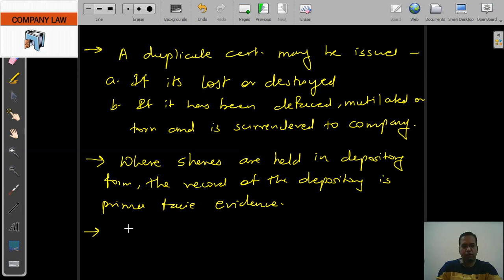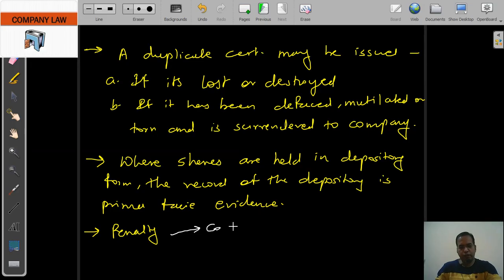Then you can say penalty part, so there can be penalty. So basically, if the company makes any kind of fraud and issues a duplicate share certificate, then there can be penalty.